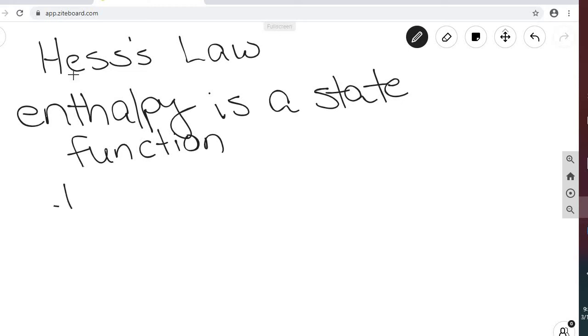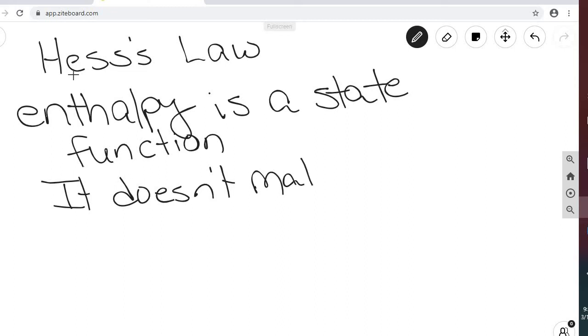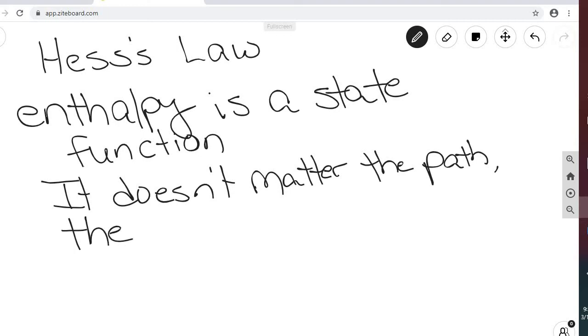It doesn't matter the path. The amount of energy absorbed or released is the same.